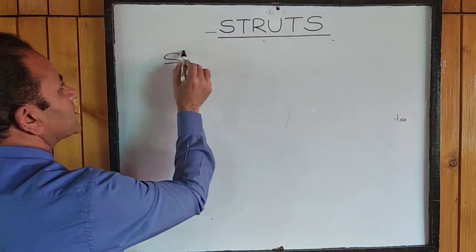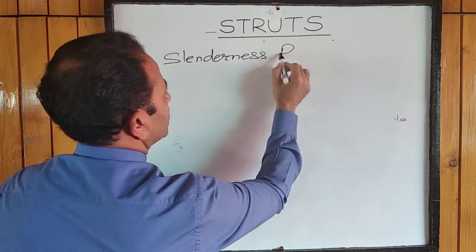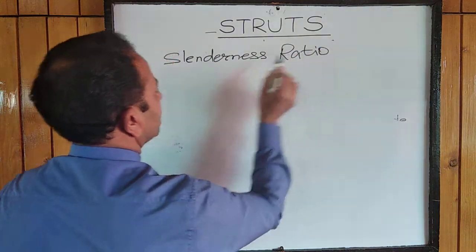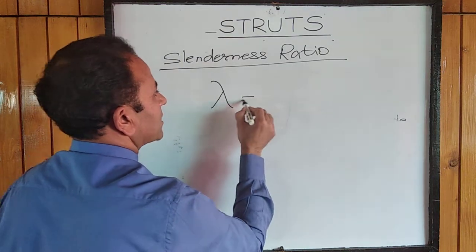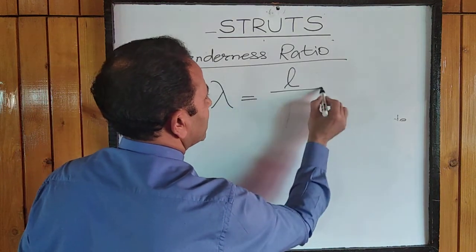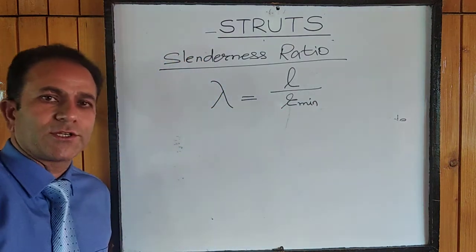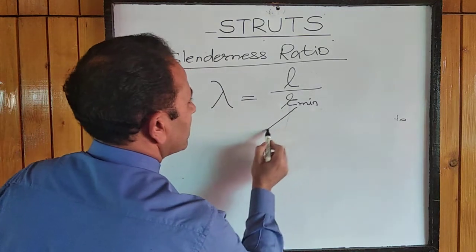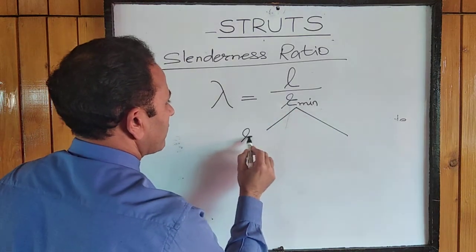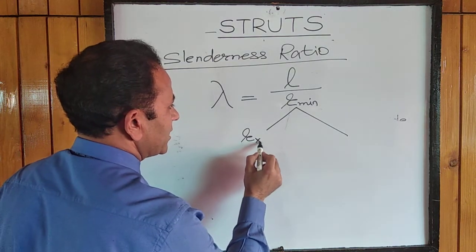Then we have slenderness ratio. Slenderness ratio of the strut is represented by lambda, and slenderness ratio is L divided by R minimum, the minimum radius of gyration. Now L we have obtained. For the radius of gyration, if it is a single angle section, we can get R from the steel table directly.